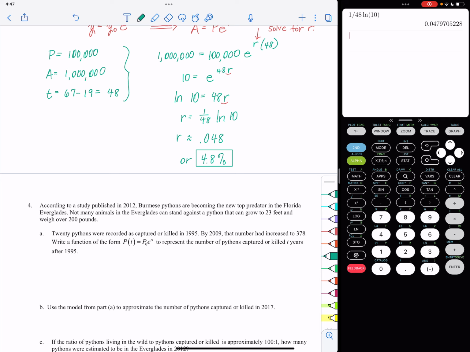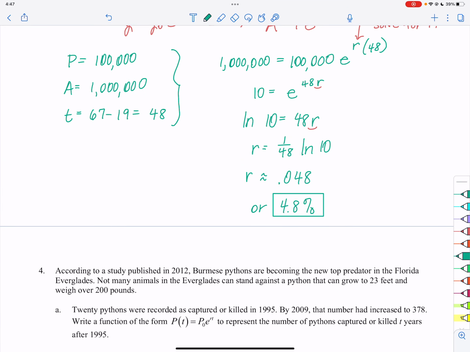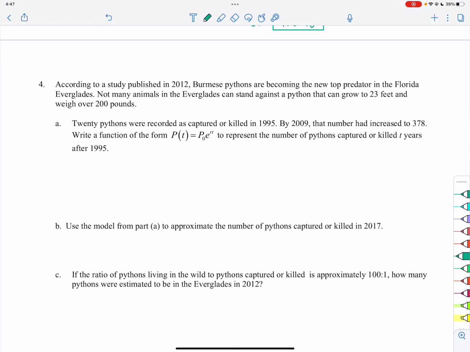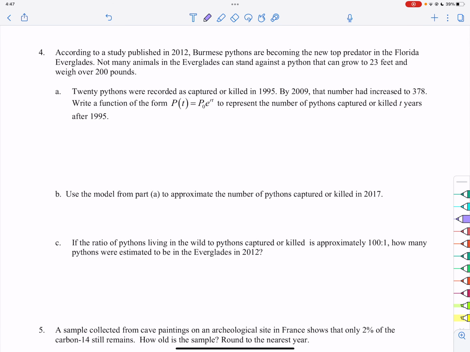Okay, taking a look at number 4. According to a study published in 2012, Burmese pythons are becoming the new top predator in the Florida Everglades. Not many animals in the Everglades can stand against a python that can grow to 23 feet long and weigh over 200 pounds. 20 pythons were recorded as captured or killed in 1995.